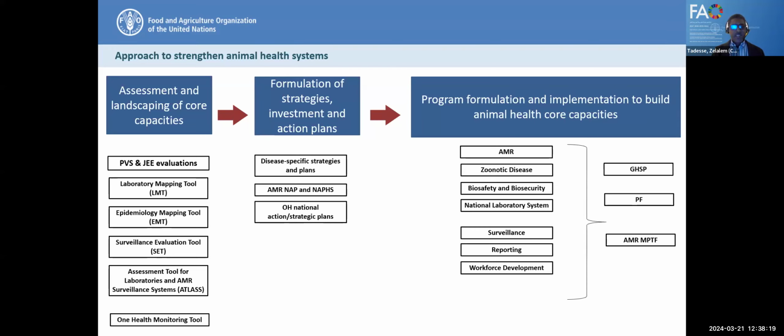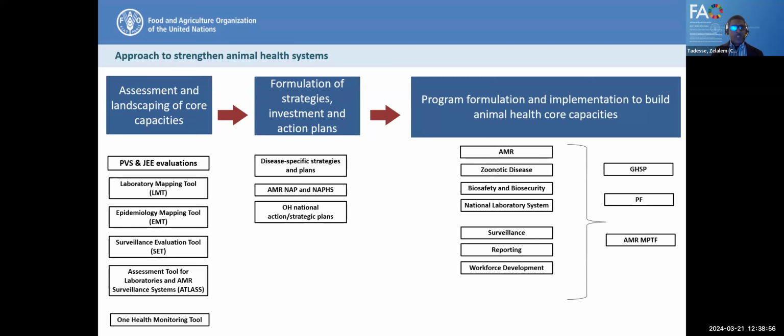Some examples are disease-specific strategies and action plans, mostly for zoonotic diseases, AMR NAP, national food safety strategies and NAPs, and also national One Health action plans or strategies. In addition, FAO also supports us to develop and implement programs, initiatives, and projects that aim at improving animal health core capacities based on the gaps identified through such assessments and evaluations.